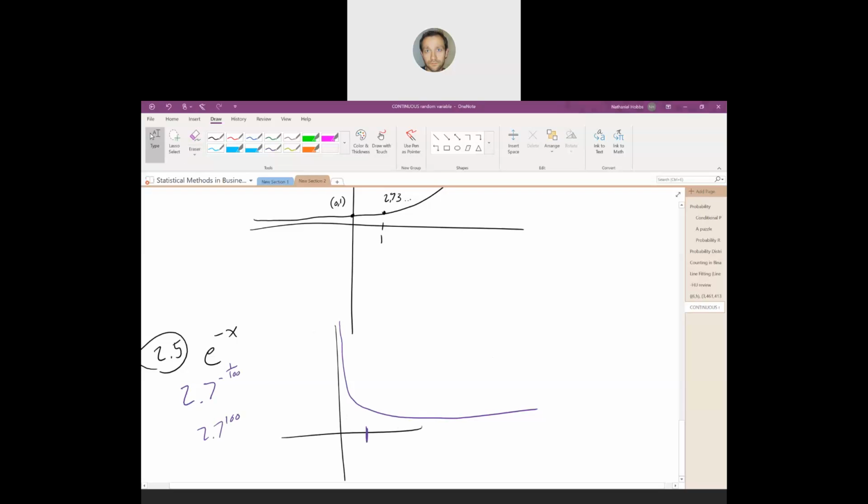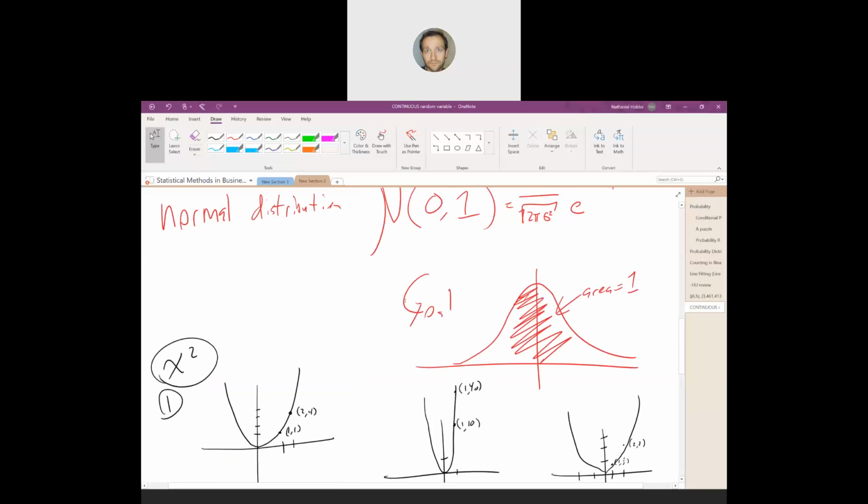So after you cross 1 here, everything starts drastically shooting up. And if you have e to the minus x, this becomes 1 over 2.7 to the 100, which is a really, really small number, which is why when you go out this way and you're at 100 here somewhere, this thing is really, really small. Great. So we're starting to cook.